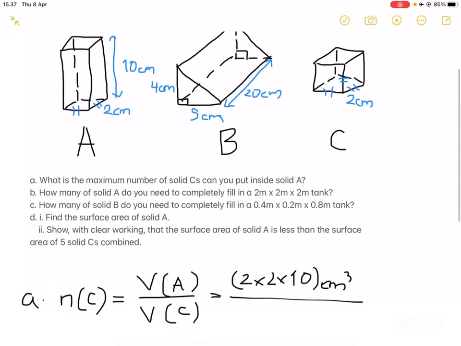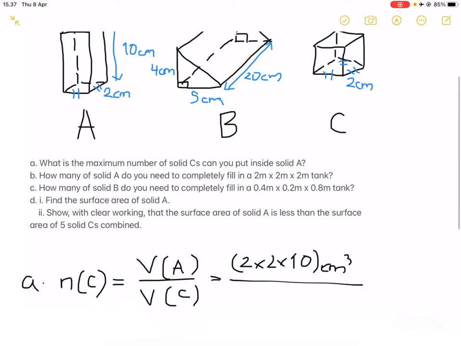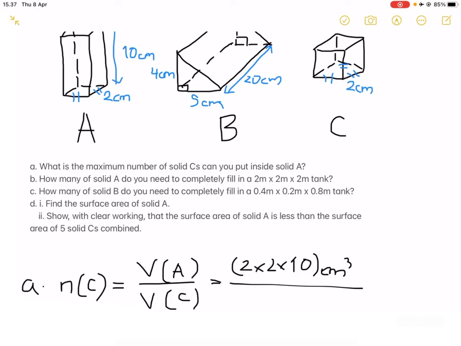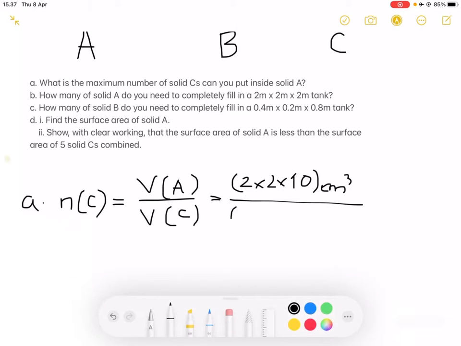And for the volume of solid C, notice it is a cube, so its volume will be 2 centimeters quantity cubed. However, I'm going to write this slightly differently, and you'll see why. And again, I'll extract the units in the front because notice that we can cancel them. Well, notice that this 2 cancels with this 2 cancels with this 2 cancels with 10 with a remainder of 5. So therefore, the answer is 5. So you can put 5 solid C's inside solid A.